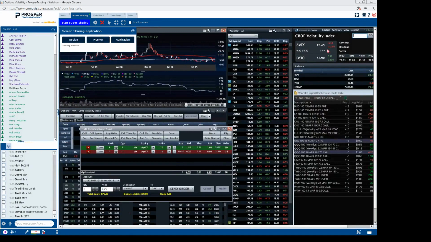And 13.25 is the low on the day. I don't know that we're going to get down there again, but I'd be willing to put that out there to buy this for 75 cents with VIX trading 13 and a quarter or higher. Does everybody get that?